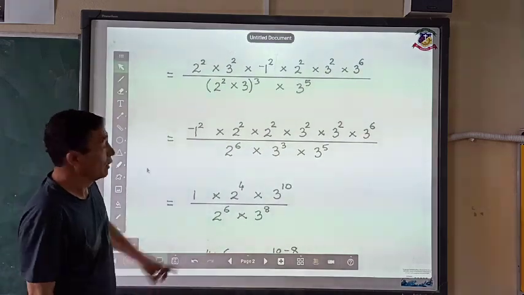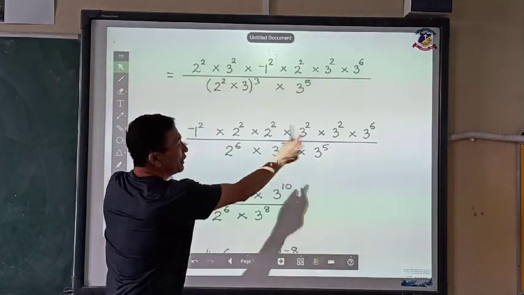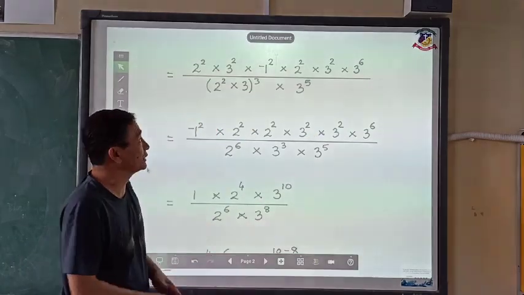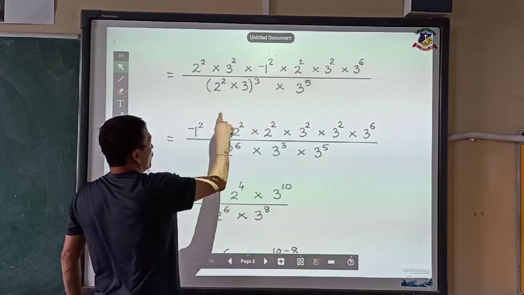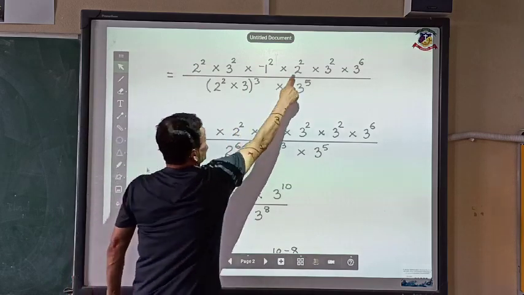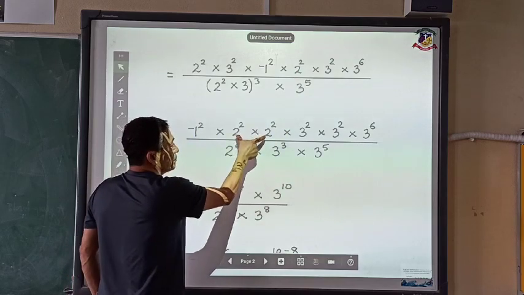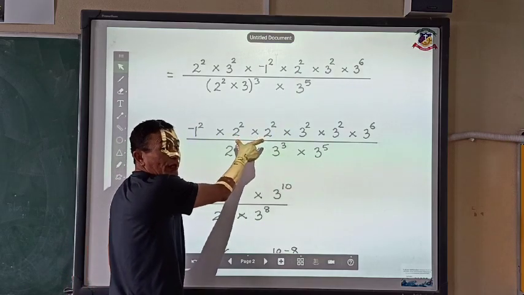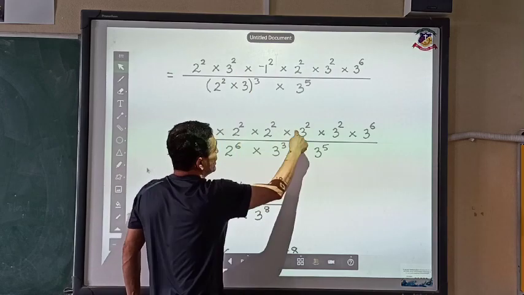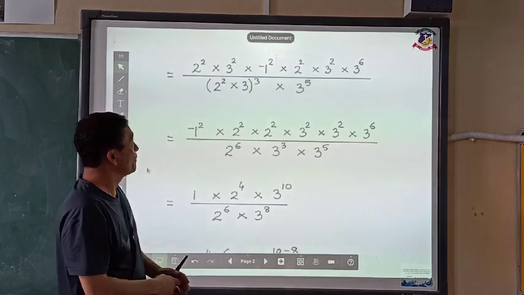From there, in the next line, what I have done is I have rearranged the numerators. So from here, negative 1 squared, 2 squared from here, 2 squared from here. Basically what I am doing is getting the same type of bases together. Similarly, 3 squared and 3 to the power of 6.